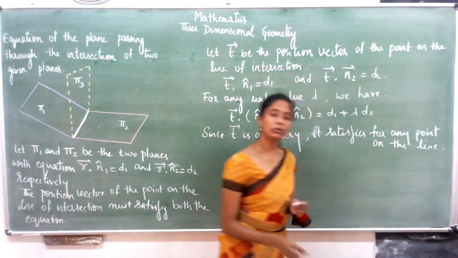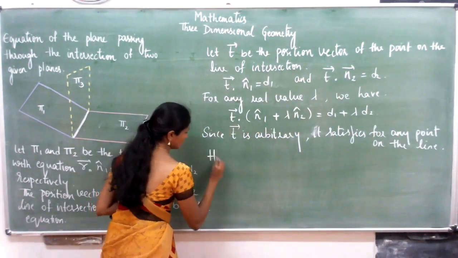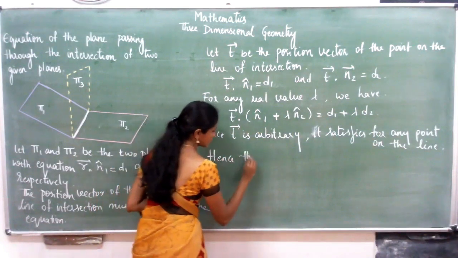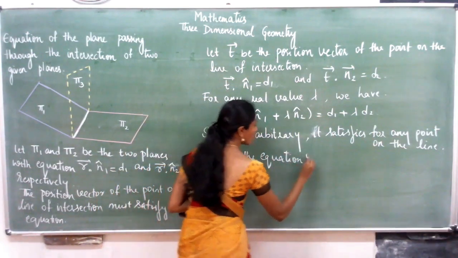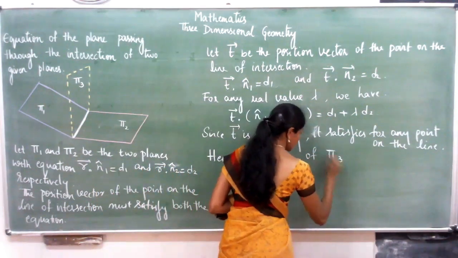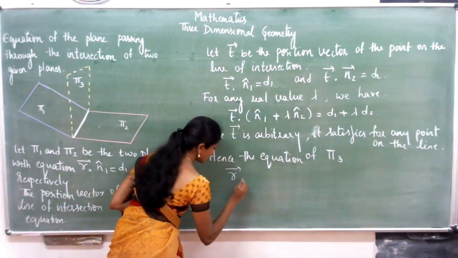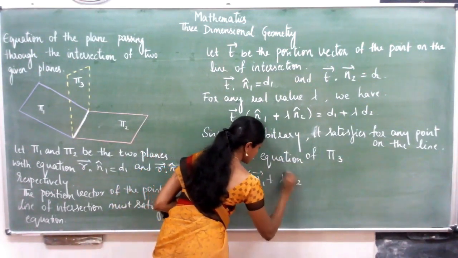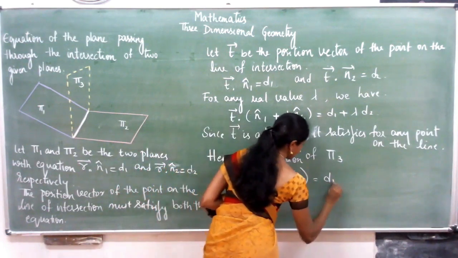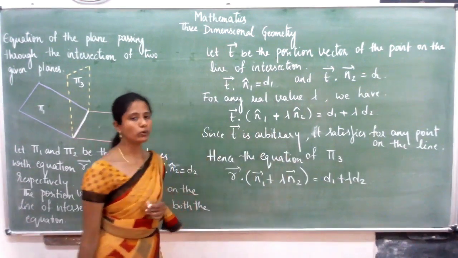Hence, the equation of the plane pi 3 will be given by vector r dot n1 plus lambda times n2 vector is equal to d1 plus lambda times d2.